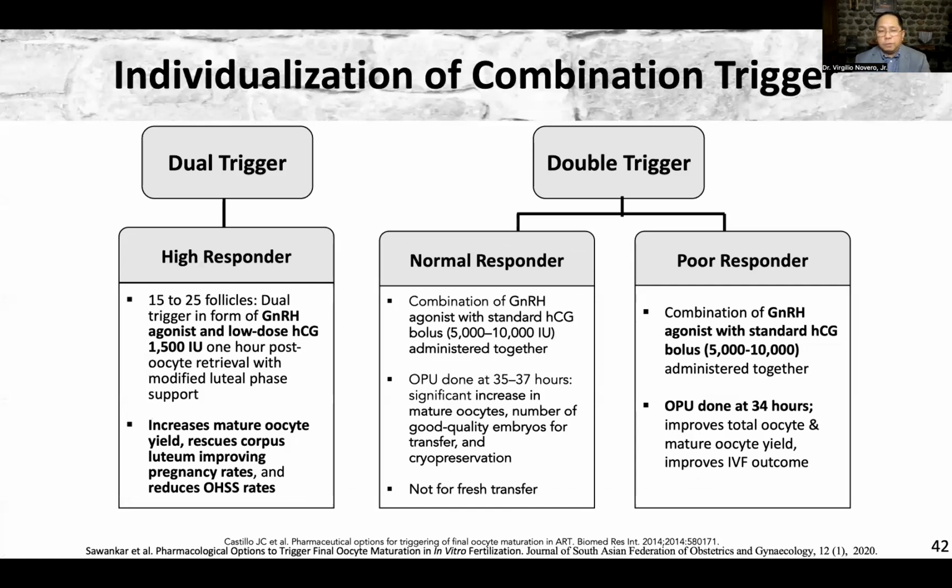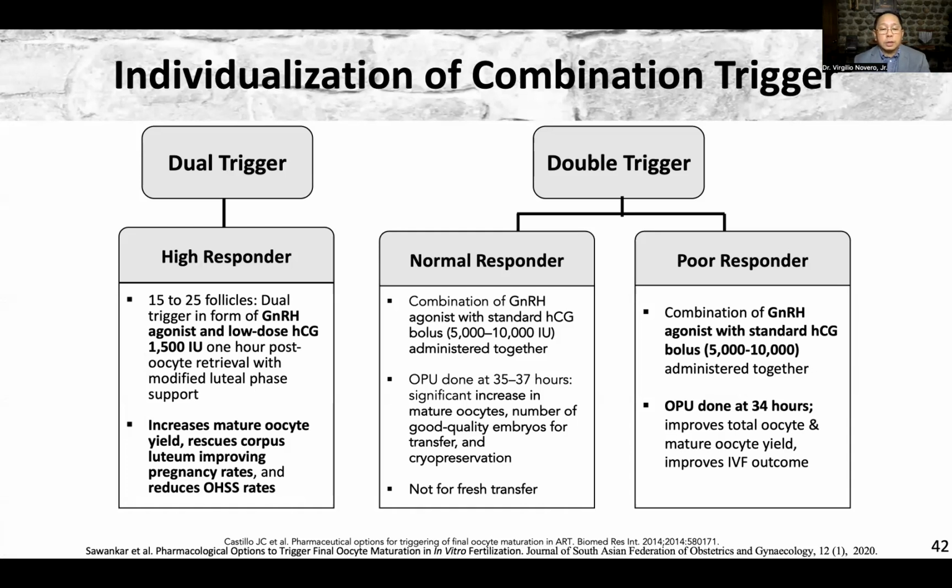So if you would like to individualize for these combination trigger protocols, the dual trigger is intended for your high responders using your GnRH agonist plus a low dose HCG, and you will increase your mature oocyte yield, you will rescue your corpus luteum, and improve your pregnancy rates and reduce your OHSS rate. You will also have your double trigger protocols, first for the normal responder group, where you give your GnRH agonist plus the standard HCG of about 5,000 to 10,000.